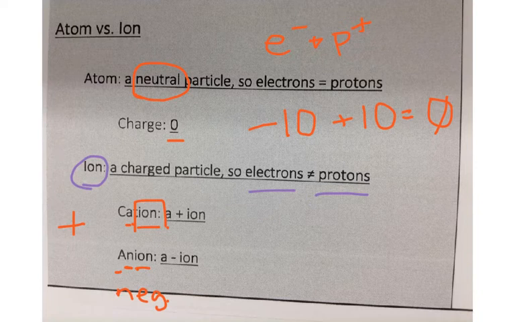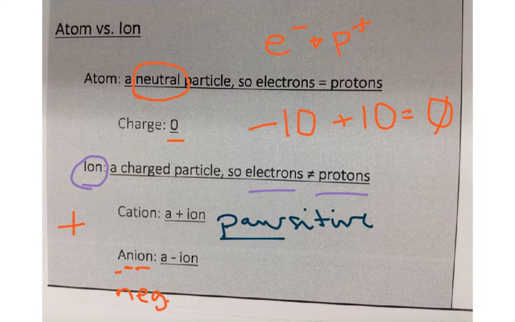A cation, how you can remember it, it's really, really lame, but it's a positive, like a cat, ion. So it's a positive ion. And what that means is if you have a positive ion, you have more protons than electrons.